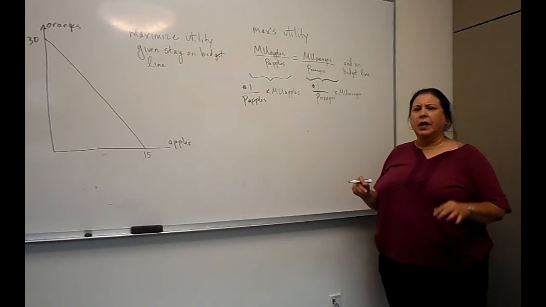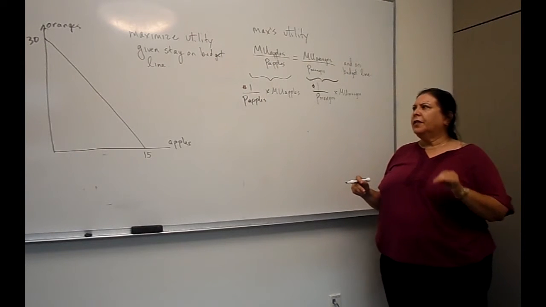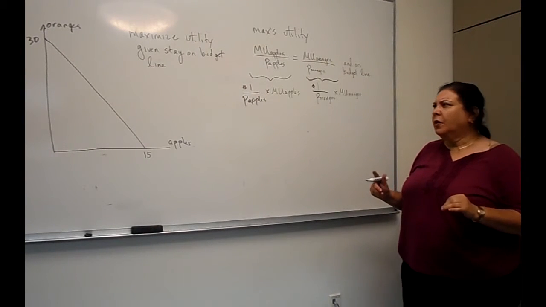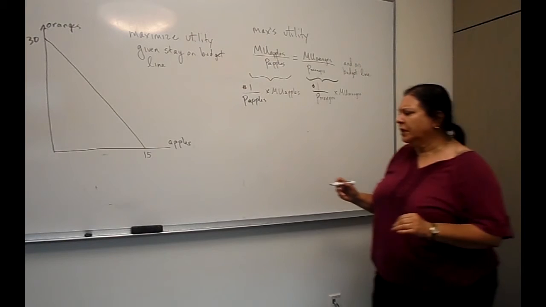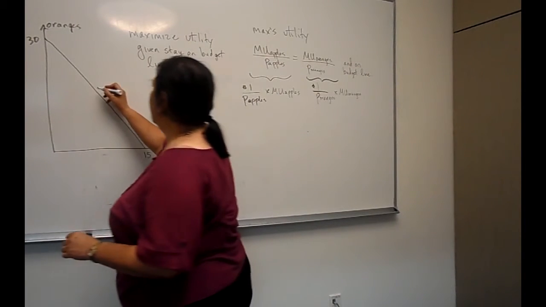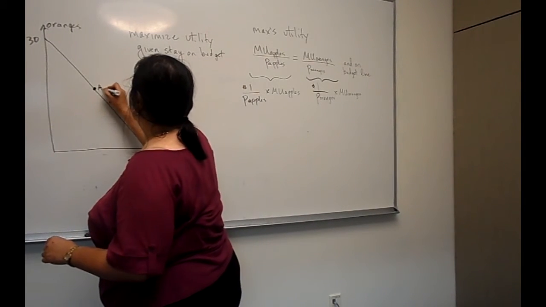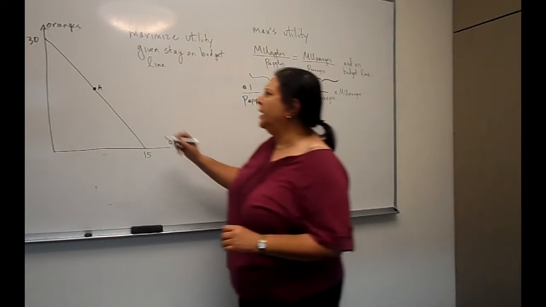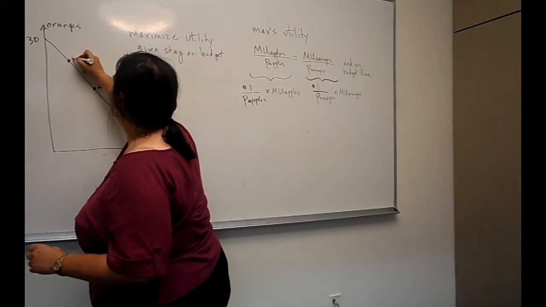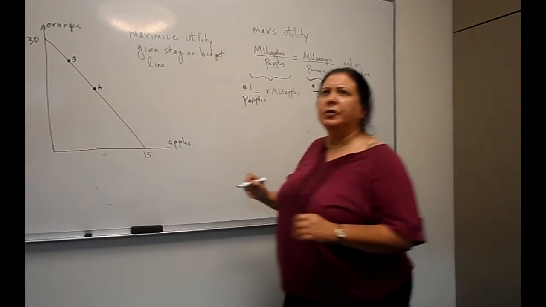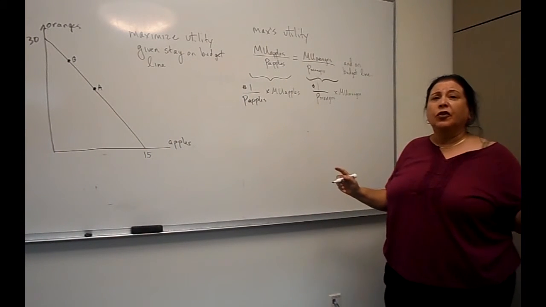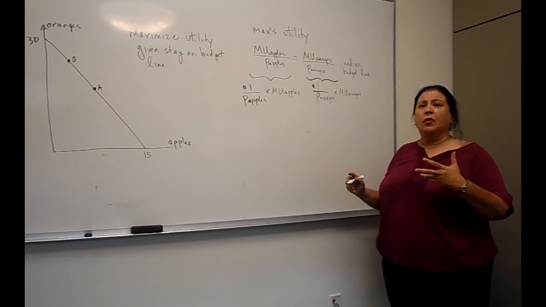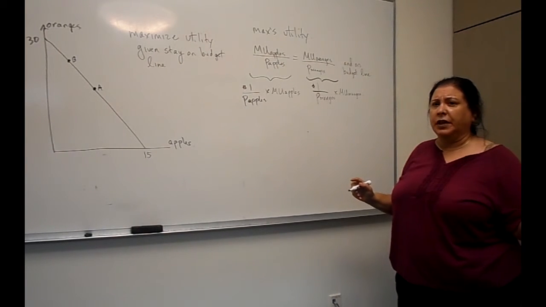So these two ratios are equal when you can't change the way you reallocate your dollars and get higher utility. Let's assume that the point where you maximize utility is at point A on this budget line over here. But right now you're buying at point B, so you're over here. So you're buying too many oranges in a sense. You're buying more oranges than maximize your utility.